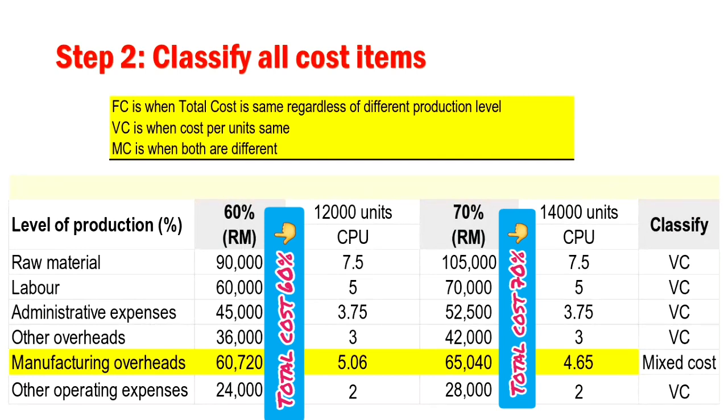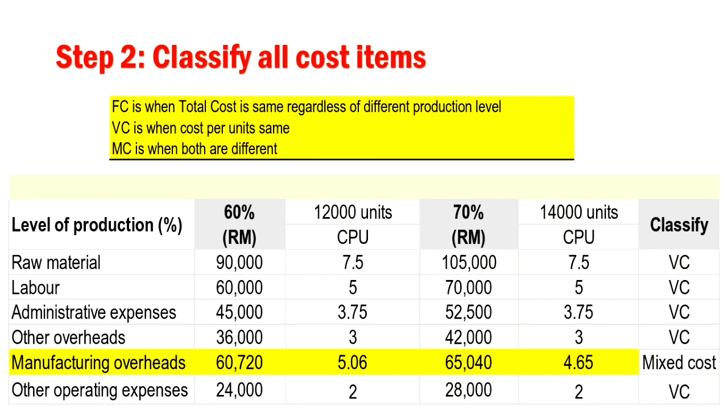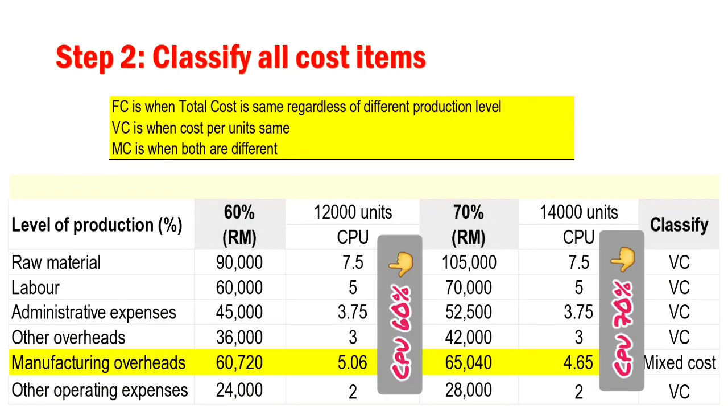Is there any similar number? If there is no similar number, there is no fixed cost. Second, let's check whether there is any variable cost or not. The characteristic is the cost per unit must be the same. So you compare now line by line cost per unit.